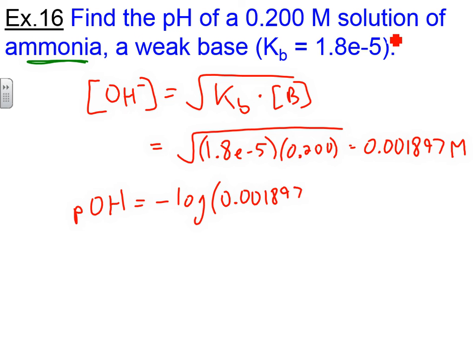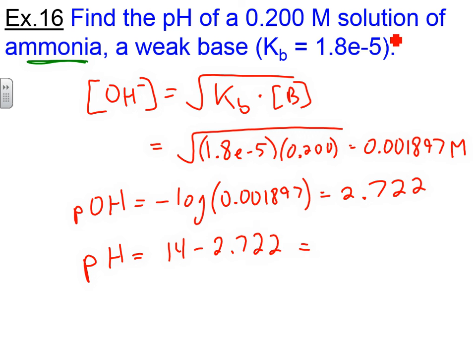So go ahead and let's get the negative log of this. So here we get 2.72, and then to get the pH, we subtract from 14. pH is 14 minus that, which gives us, sig fig wise, 11.3.